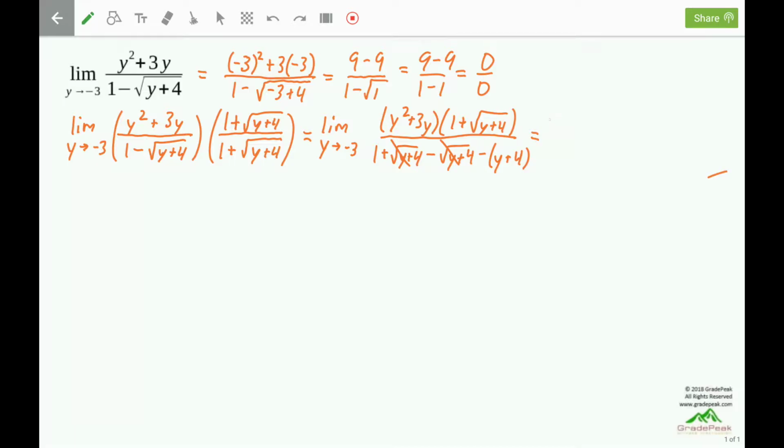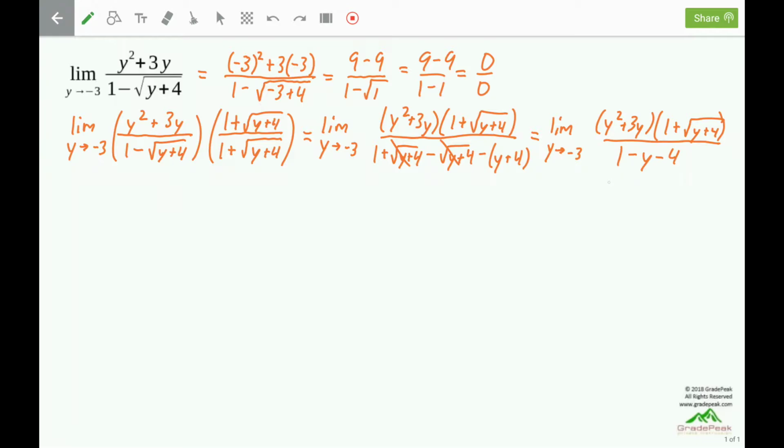And you need to distribute that negative sign in. That will give us limit as y goes to negative 3 of y squared plus 3y times 1 plus the square root of y plus 4, divided by 1, distributing the minus sign, minus y minus 4.